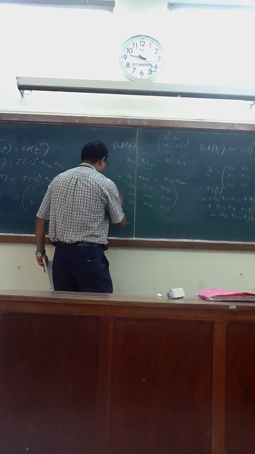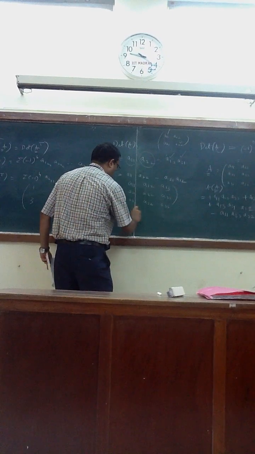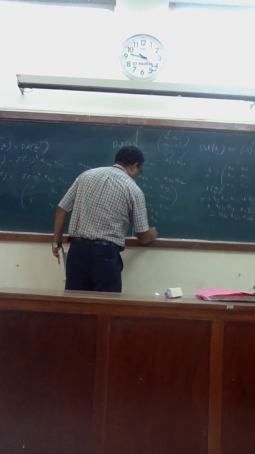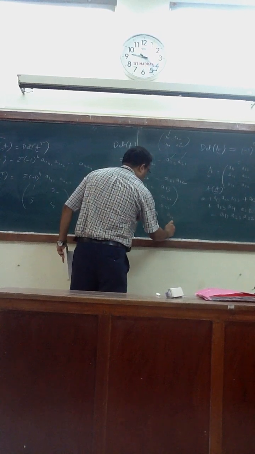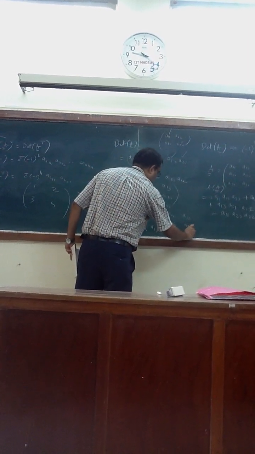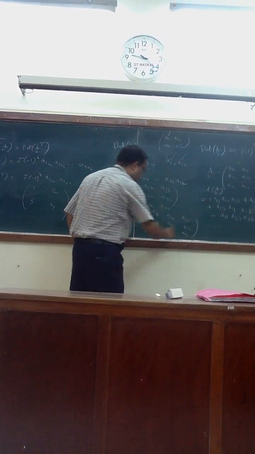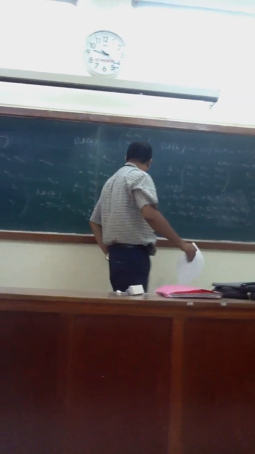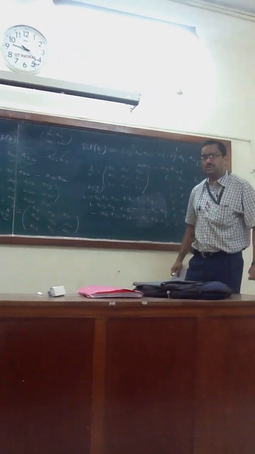This A matrix, A transpose: A11, A12, A13, A21, A22, A23, A31, A32, A33. Okay? Understood?